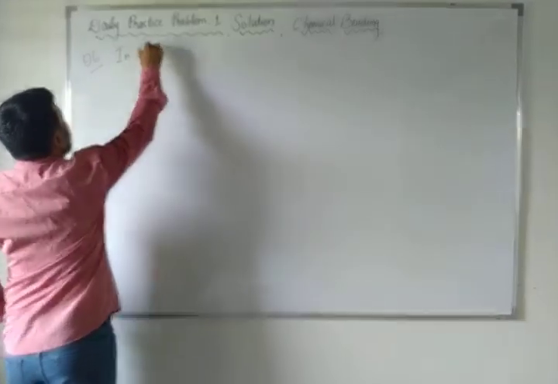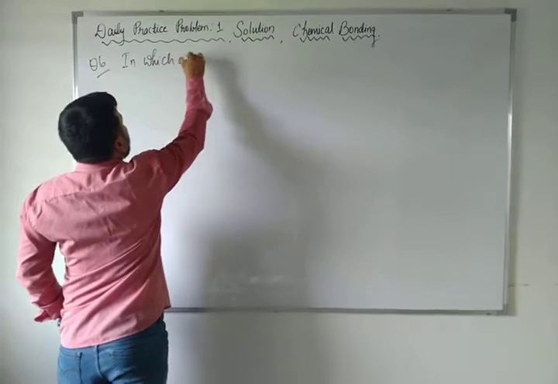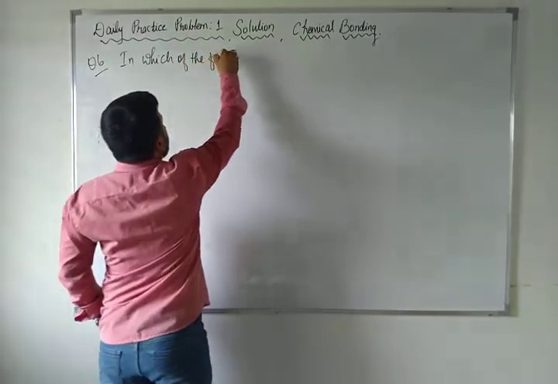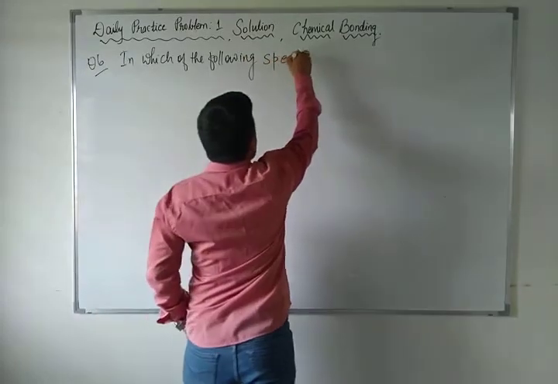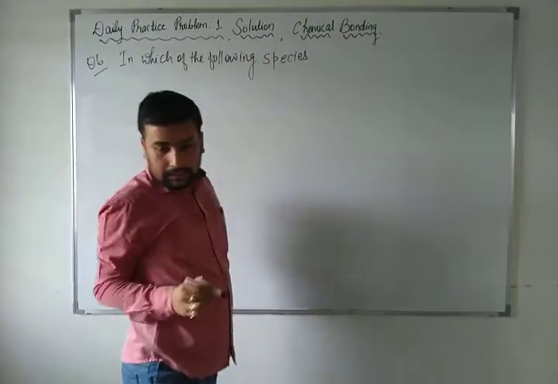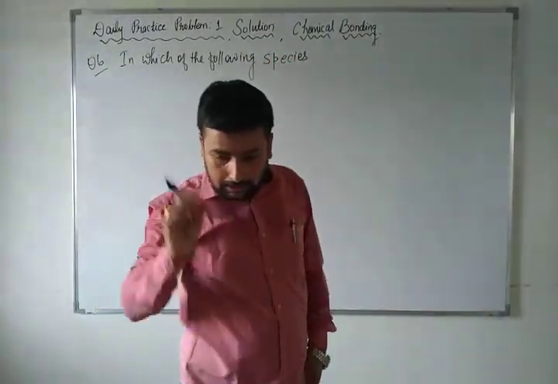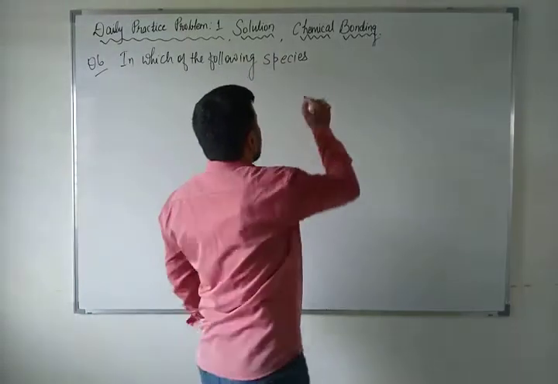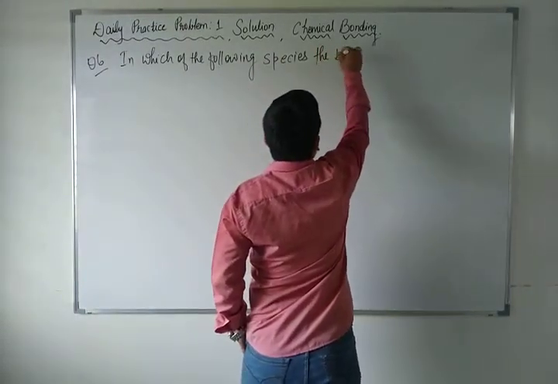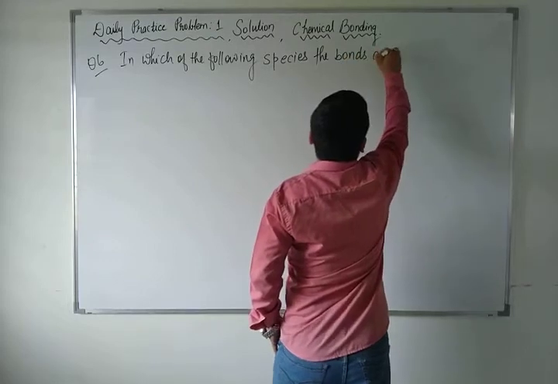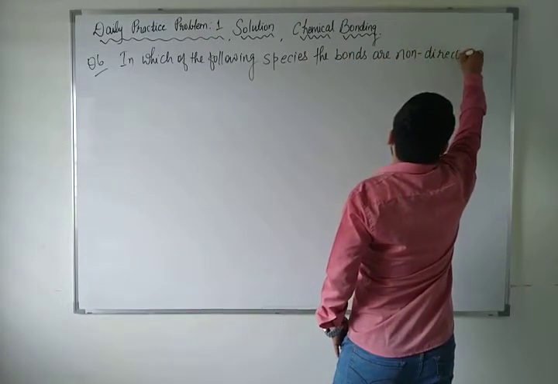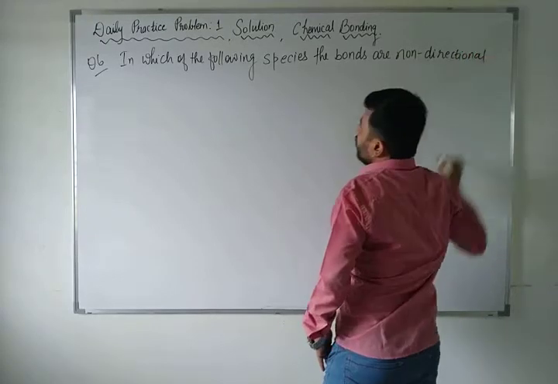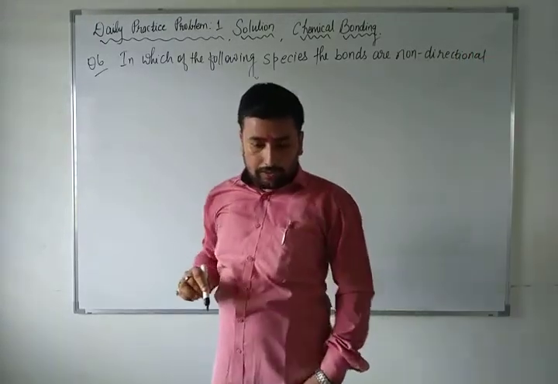In which of the following species are the bonds non-directional? Here the four options are given.